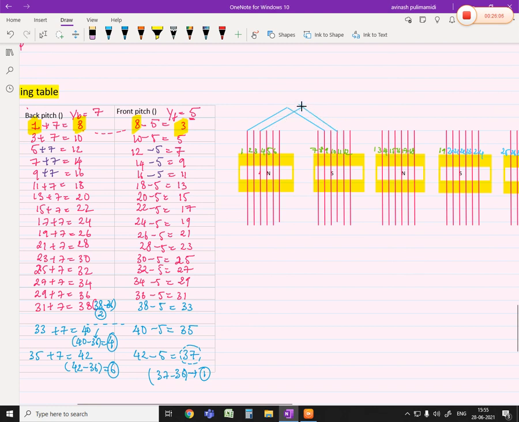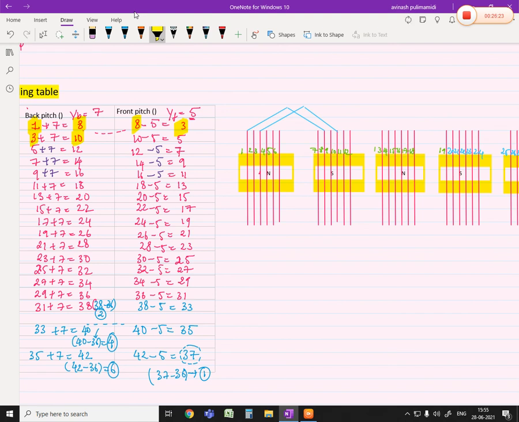So this will be the 10th conductor. Okay. This way we have to give the connections. First with 8, 3 with 10. First with 8, third with 10.